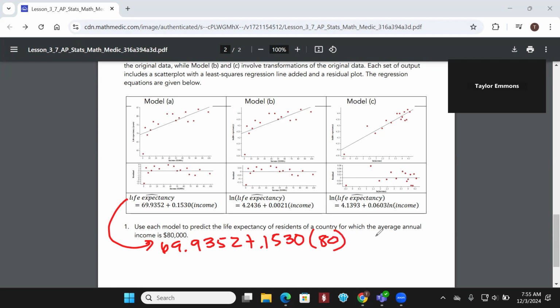That gets you 82.2 years. The next one, when you plug that one in, you get something like 82.4 years. And then the next one, you plug in, you get 81.7.